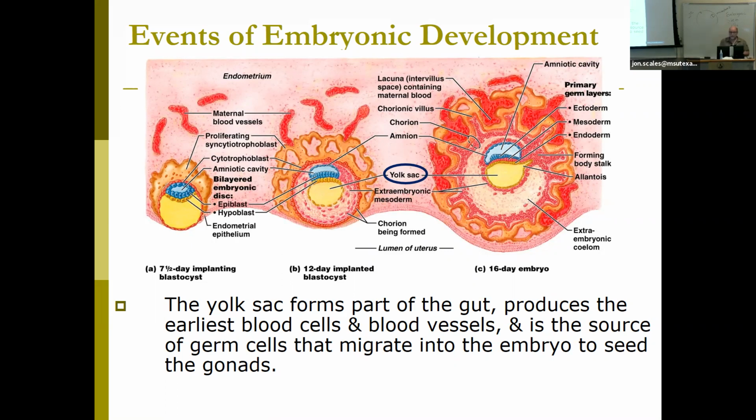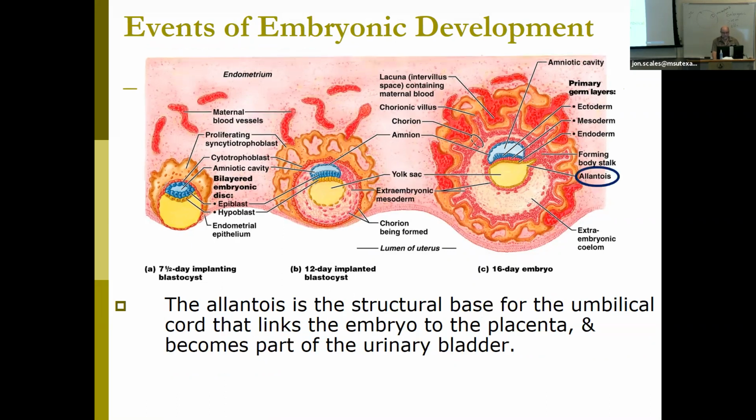But it is the source of the cells that become the germ cells and the blood cells, the bone marrow. The actual hematopoietic cells. The allantois is this extension off the yolk sac here, and ultimately it'll become part of the reproductive structure or the urinary tract, and that's where the cells get into the reproductive tract.